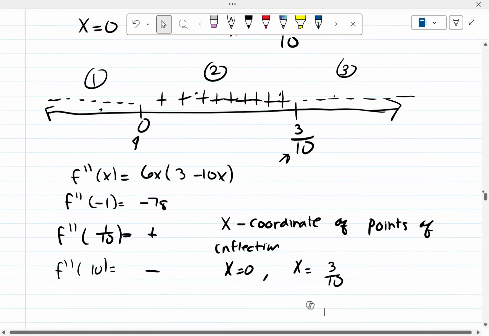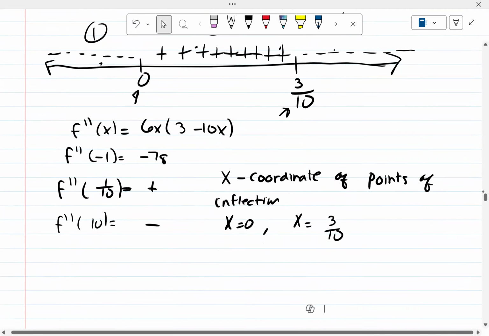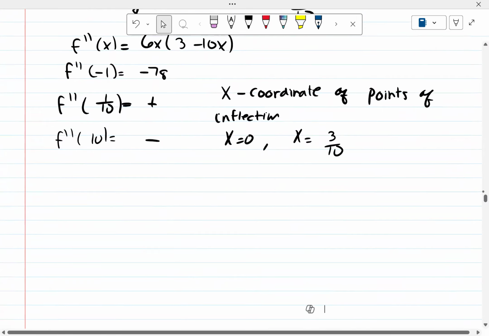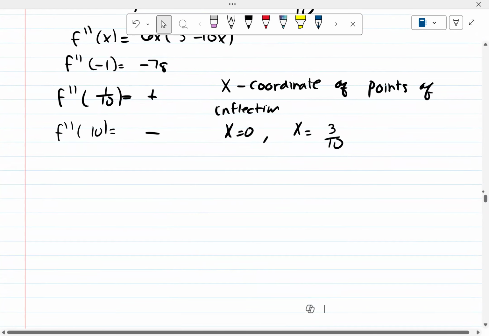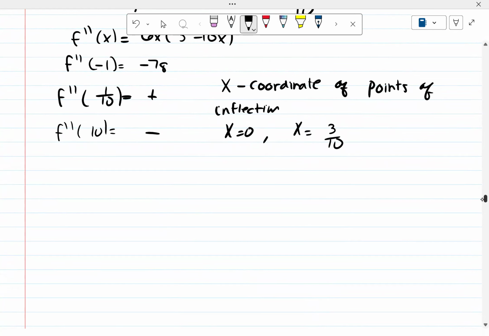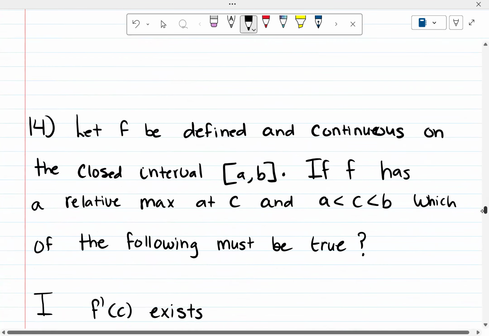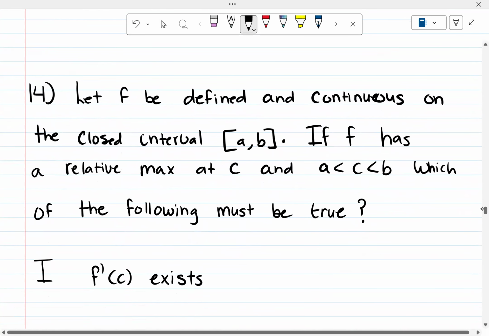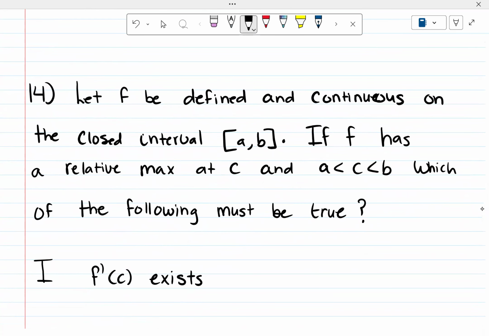Let's move on to 14. 14 says let f be defined and continuous on the closed interval from a to b.